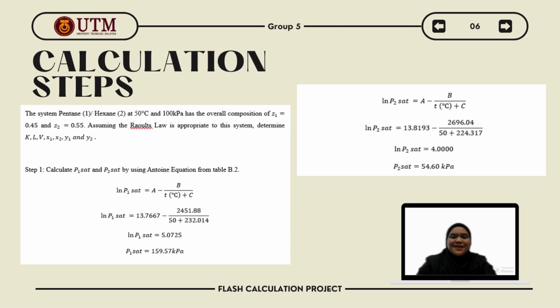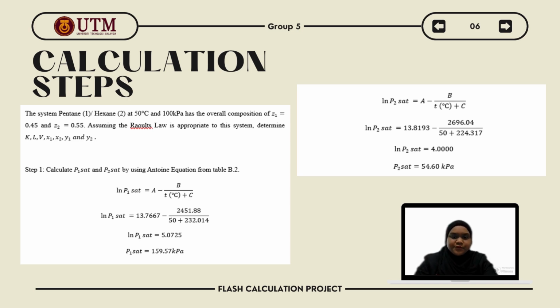Hi, my name is Amirah Alia binti Afzanizam, and I will be explaining the flash calculation. I will explain a part of it, and Afifah will continue with another part. In this system, we have two species, pentane and hexane, at 50 degrees Celsius and 100 kPa.